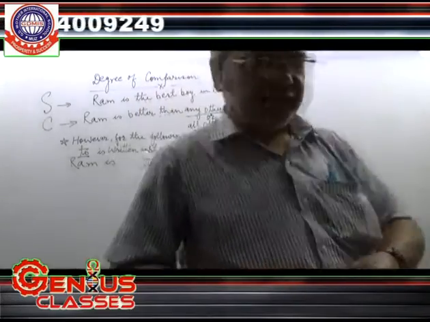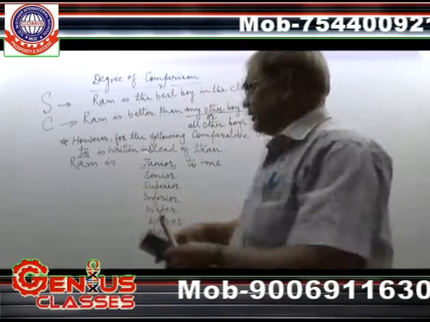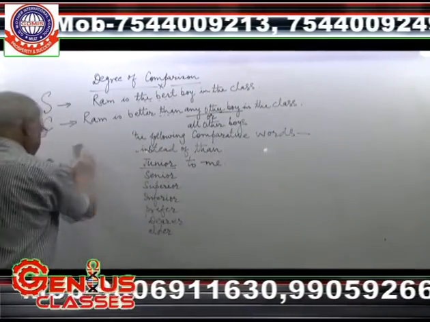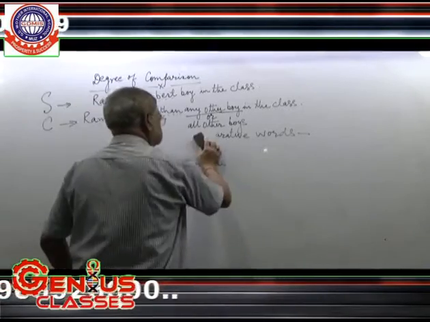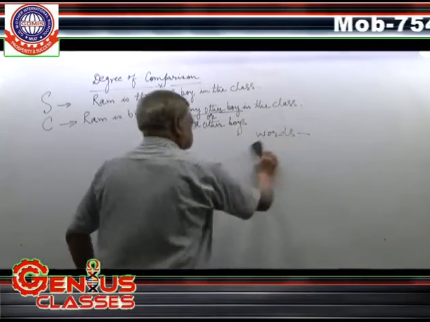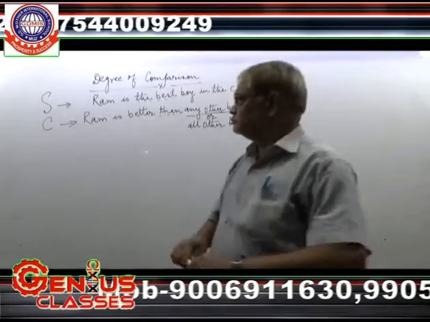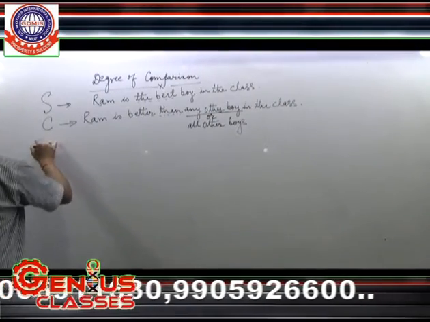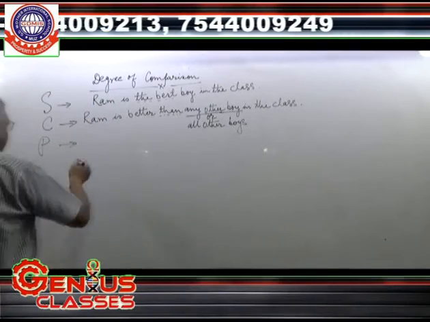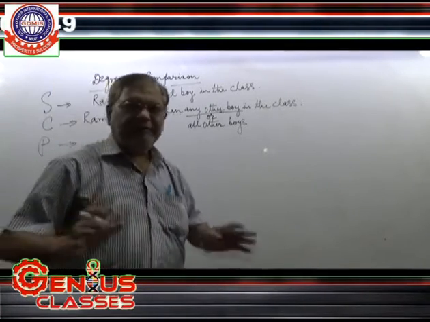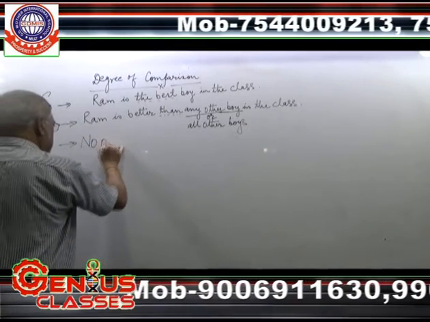Now the same sentence can be changed from comparative degree to positive degree. So now capital letter P for positive degree. The comparative degree sentence becomes a negative sentence, so we should start with no other.